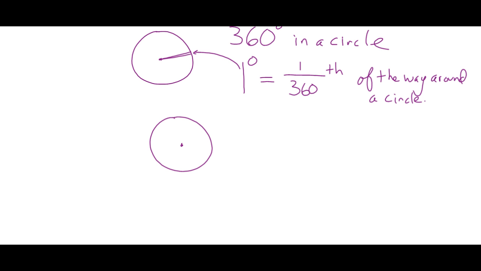So radian, what does the word radian sound like? Radius. So here's a radius, right? This is R. R is the radius of the circle. Now, what we do to make a radian is we take the radius, and each circle has a fixed length radius, agree with that? So we take a piece of string and measure the radius.